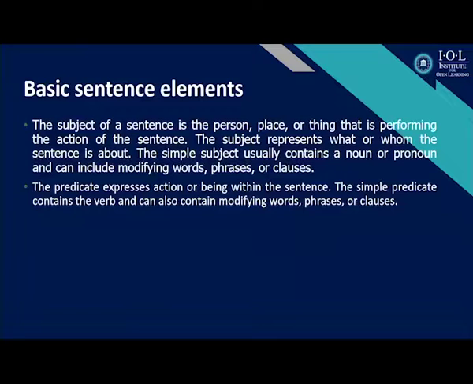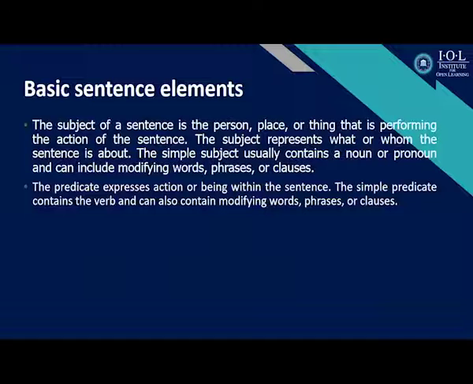So the first thing I want to look at is what we call the basic sentence elements. A sentence has basic elements. The basic element of a sentence contains a subject, a verb, and an object. A subject, a predicate, and an object.